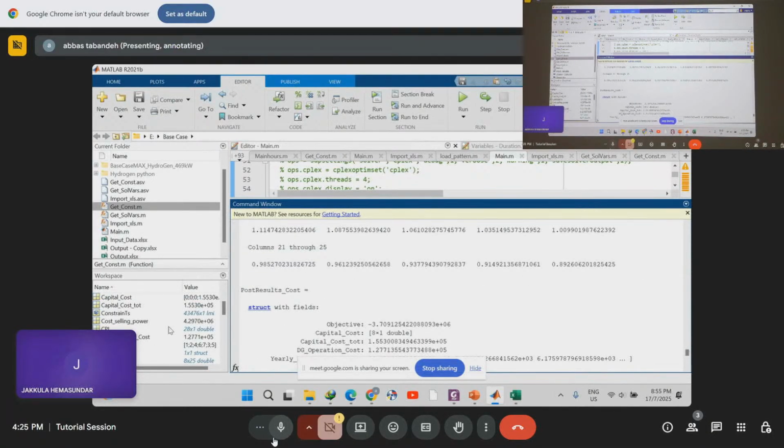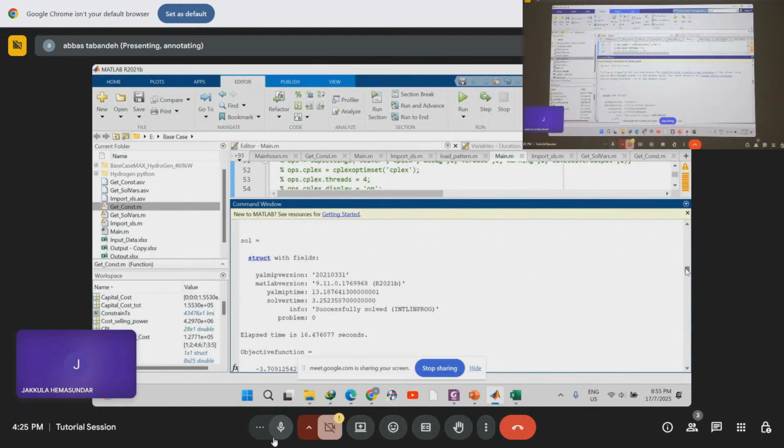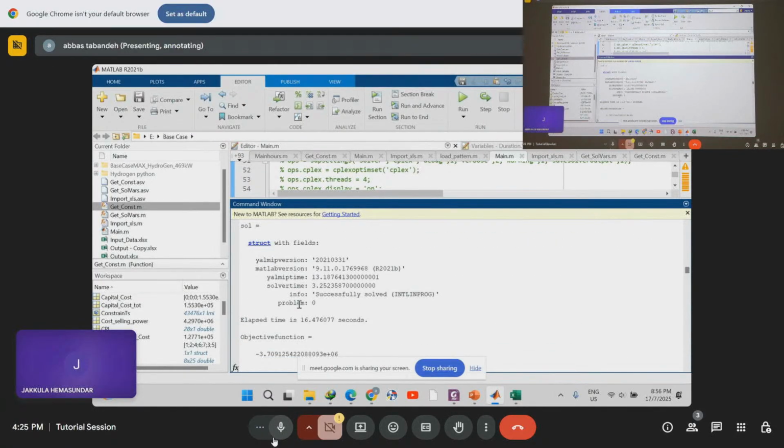As you can see, we can see different outputs here. You need to go to the info. You can see successfully solved.